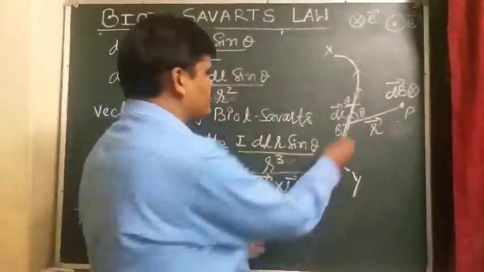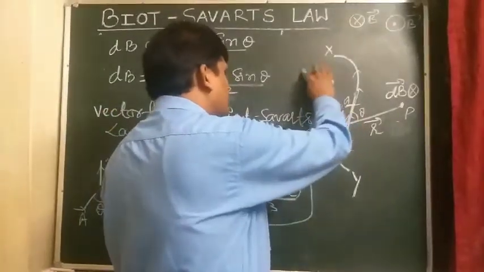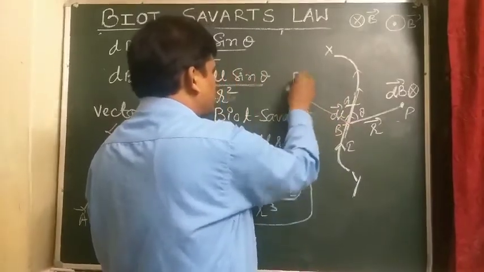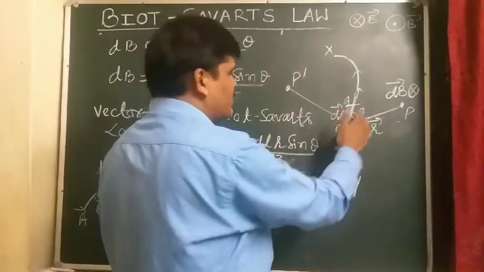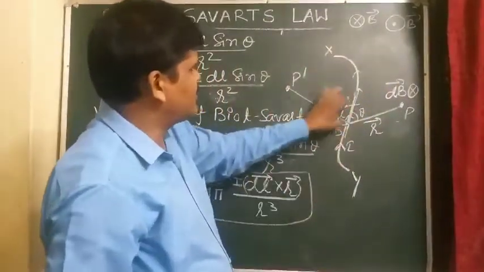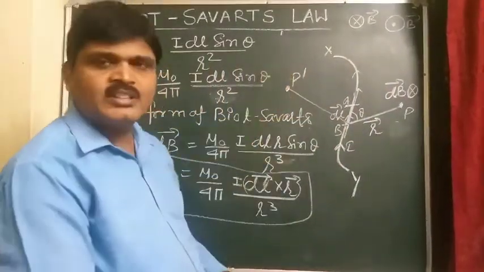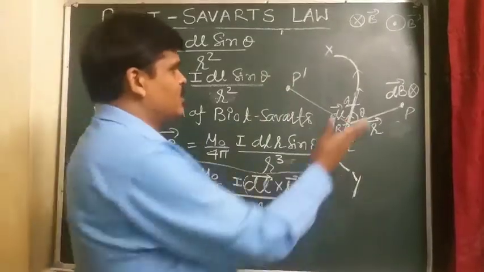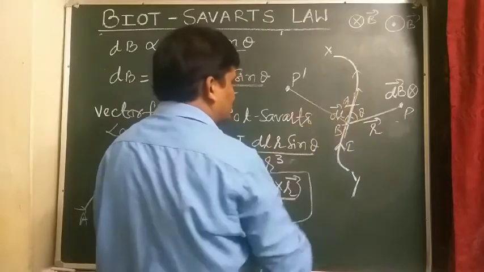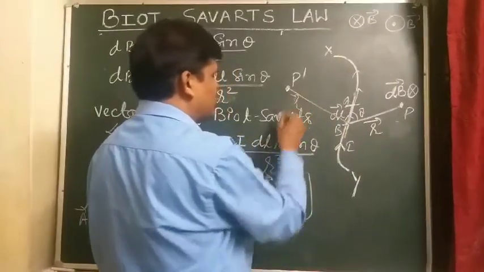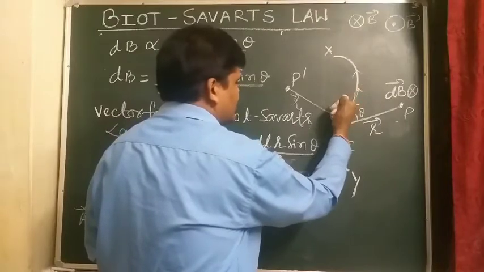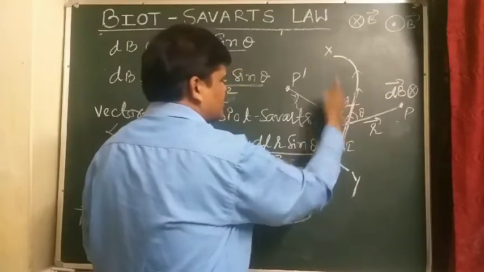And suppose, student, we have to find the field in this direction, at a point P dash, due to the current element. In the same way we rotate the first vector, dl vector, toward the second vector, r vector.